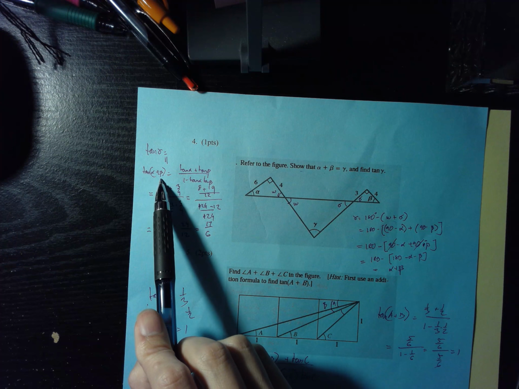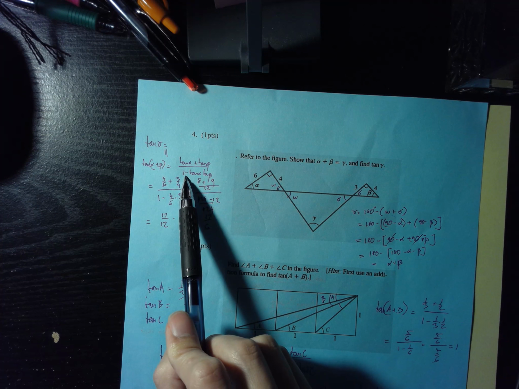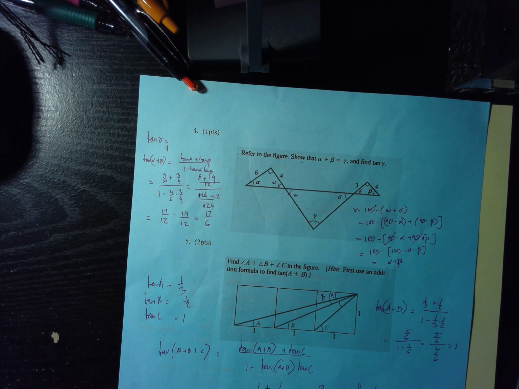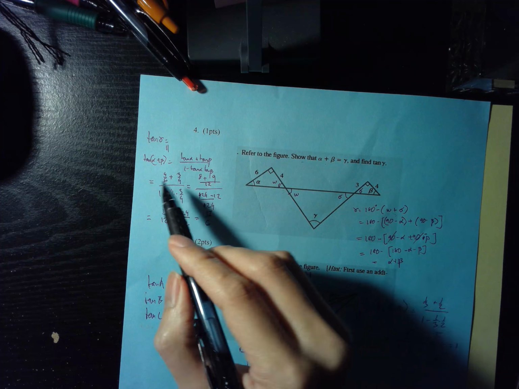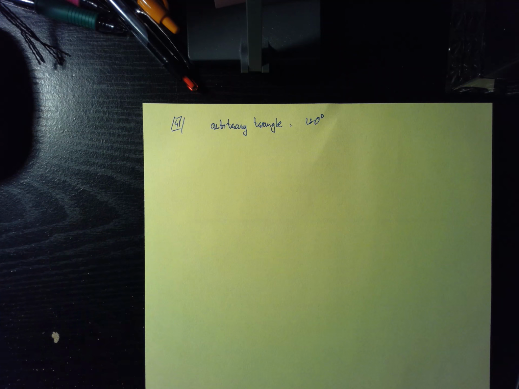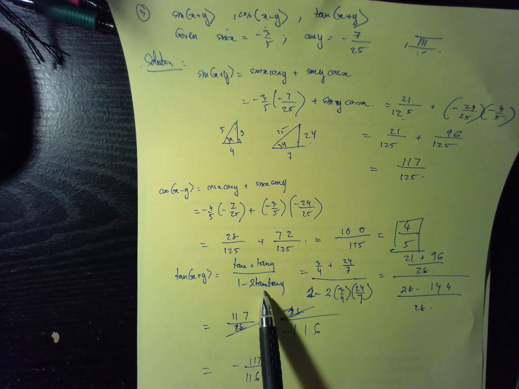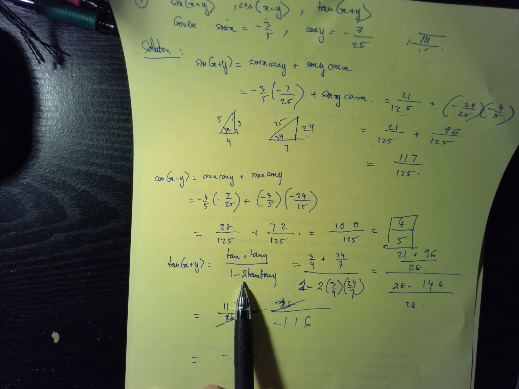Tangent of alpha plus beta is tangent of alpha plus tangent of beta over 1. Oh, I think my formula over here is wrong, right? Let me go back to the previous question. I think over here, do we have a 2?